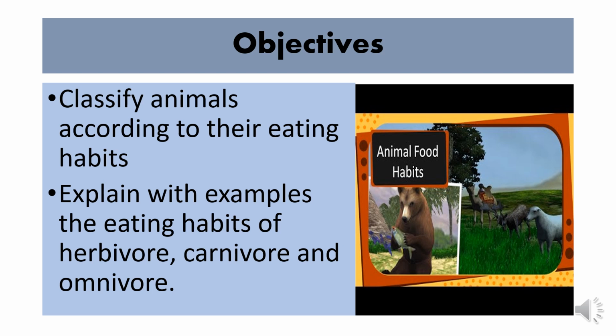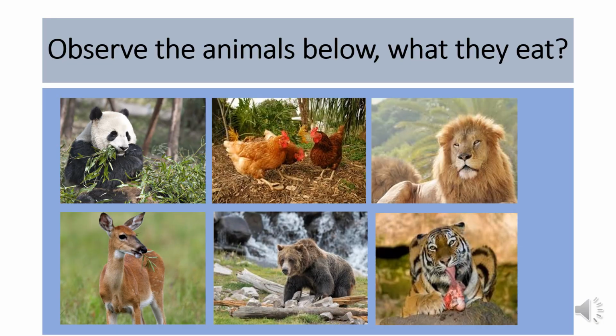Okay, remember what herbivore, carnivore, and omnivore are. Okay, observe the animals below and what they eat. For example, here, the panda. What does the panda eat? What does the deer eat? What does the bear eat?